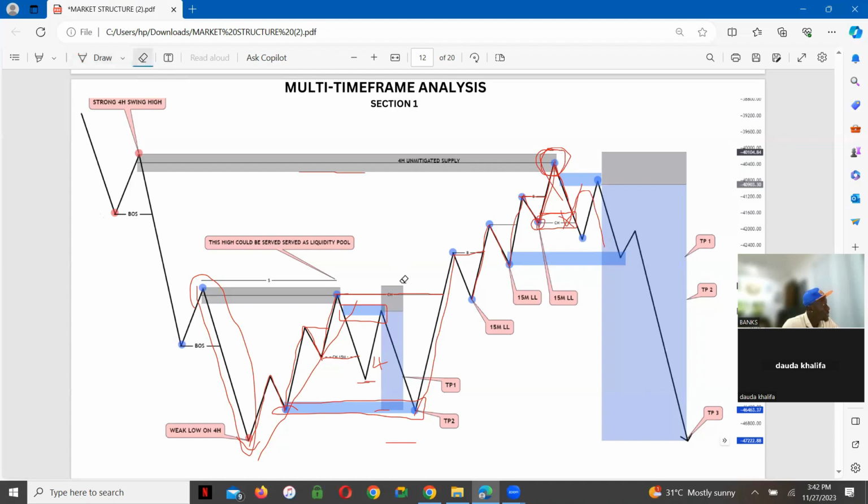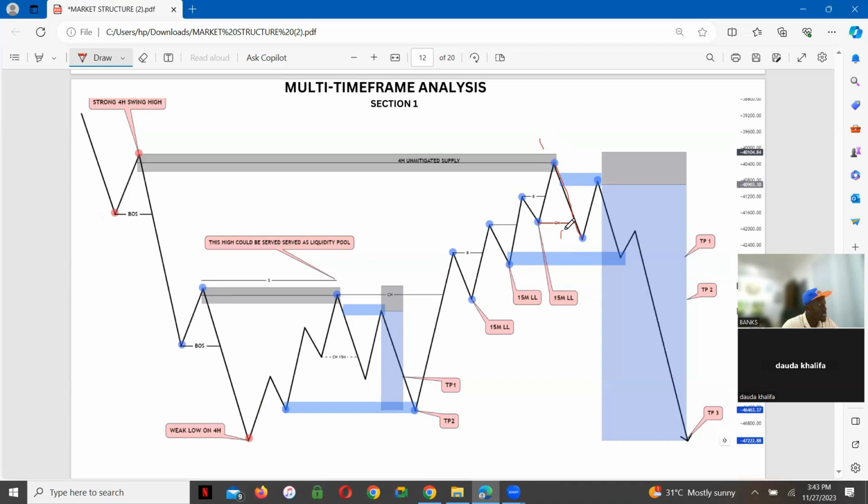So since price has now tapped into our higher time frame supply level, we need to make sure that right now our short-term uptrend realigns with the higher time frame downtrend. So you have price coming all the way down here, breaking below this low. So we have our change of character here. This is telling us that right now we have our first confirmation, price tapping into our higher time frame supply zone.